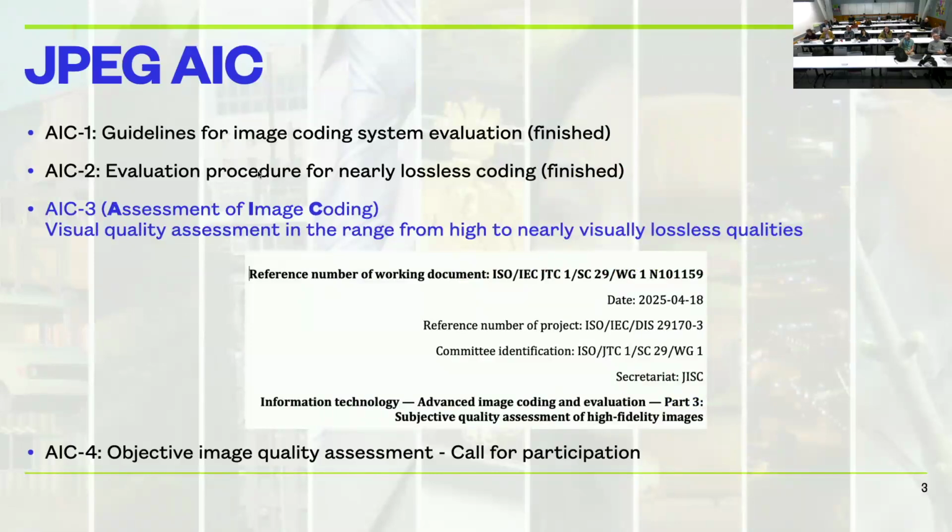That's finished. And in AIC-3, that's part 3, assessment of image coding, we picked up the flicker test from AIC-2 and extended it in different directions to come up with this quality assessment in the range from high to nearly visually lossless or to lossless qualities. And the picture there is just a snapshot of the current document.